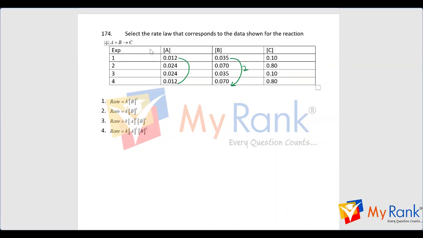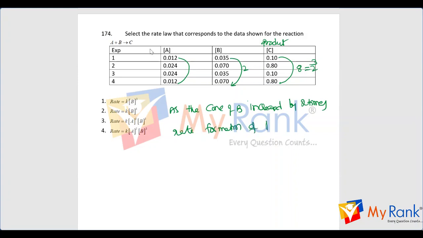As the concentration of B increased 2 times, the rate of formation of product C increased by how many times? 8 times, which is equal to 2 power 3 times.